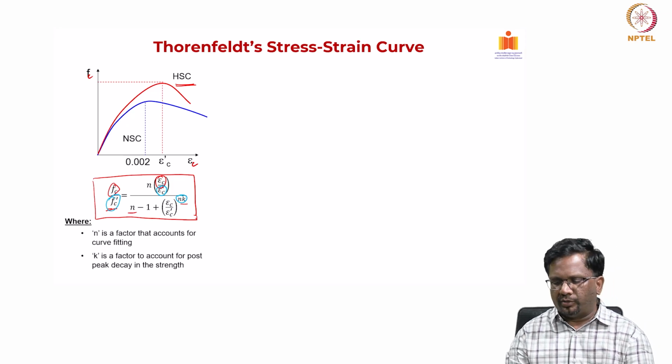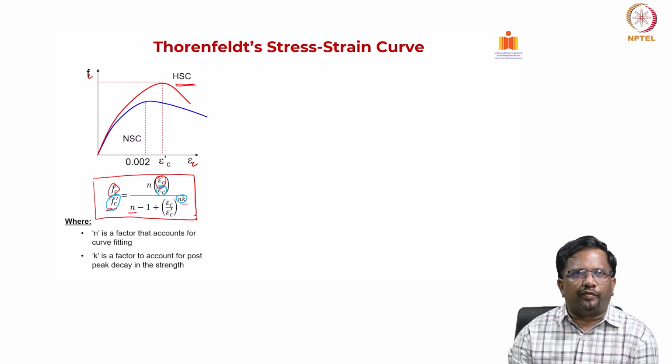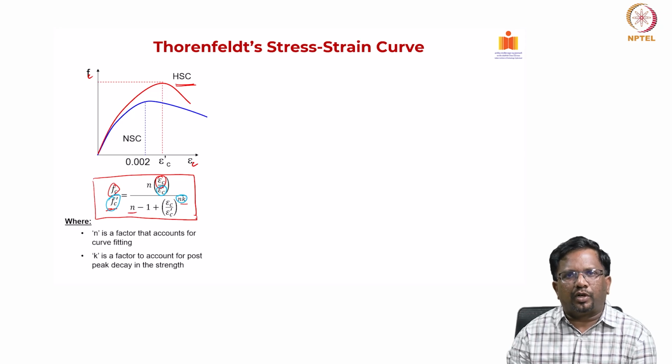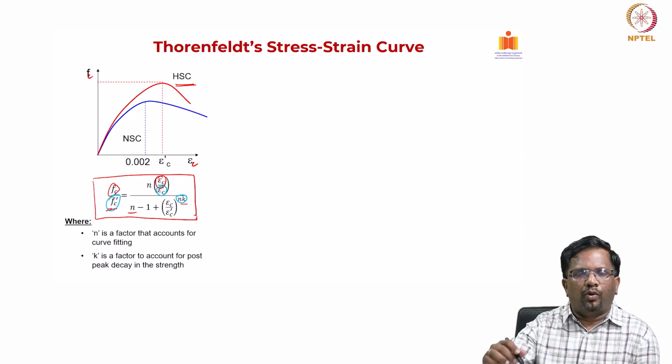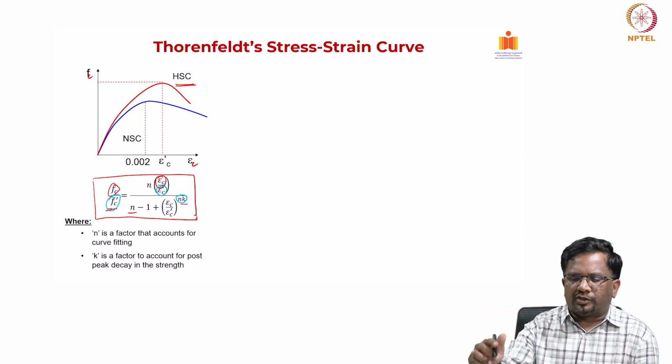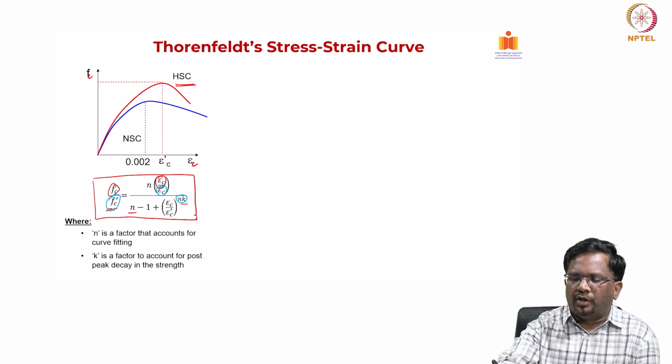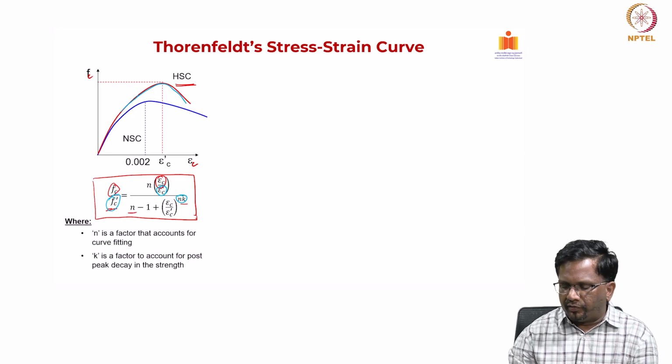Now, let us look at how they are defined, where n is a factor that accounts for curve fitting. So, what is curve fitting? It is how the shape of the stress strain curve in this region is changing from linear to non-linear, that is a curve factor.